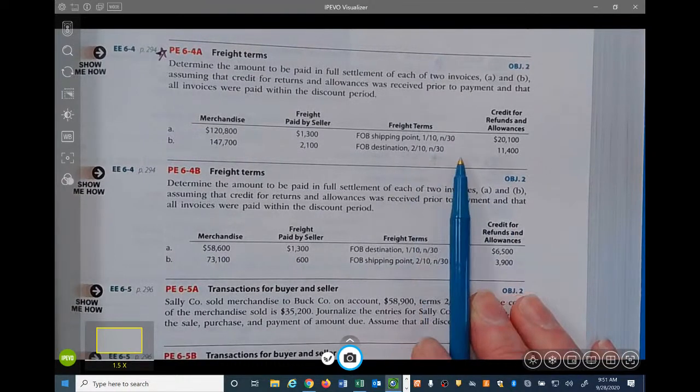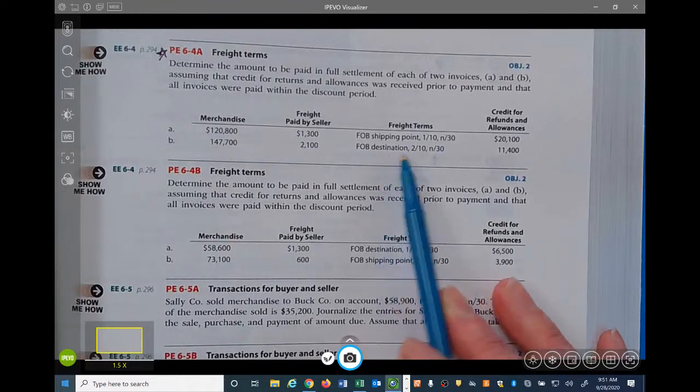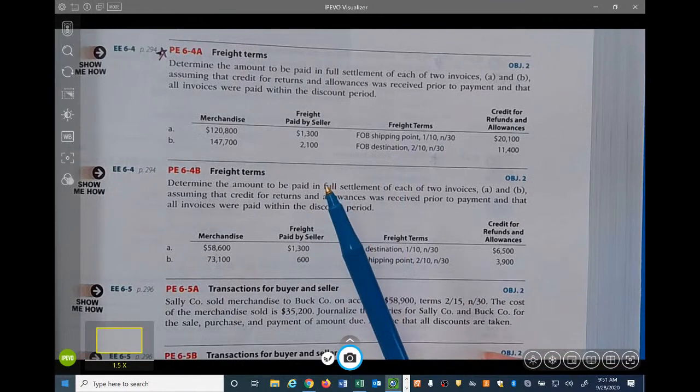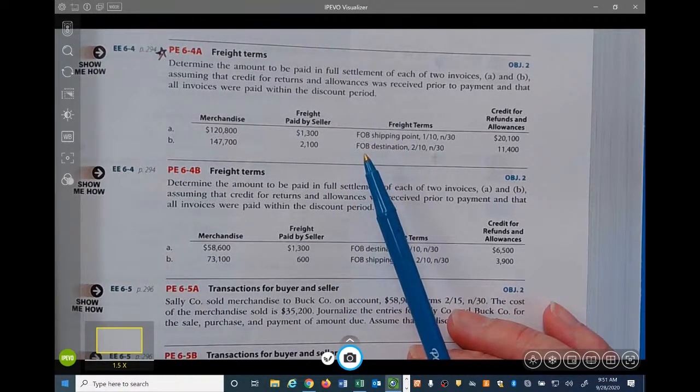And in this case, that's it, because it's FOB destination, so we don't owe anything on shipping because the seller is responsible because it's FOB destination. So pretty much this whole problem just wants you to be familiar with applying discounts and who's responsible for paying the freight.